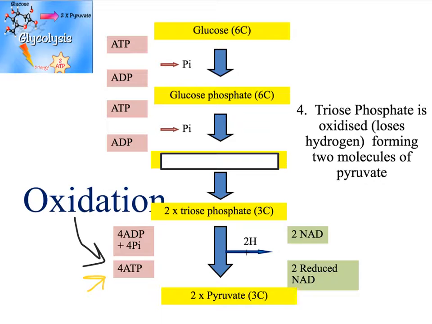The reason there is a net gain is that we use 2 ATP in the energy to split the glucose, but we gain 4, so it's a net gain of 2 ATP.